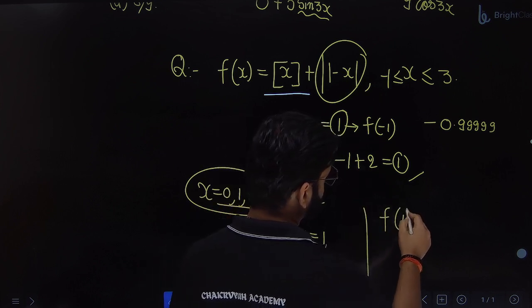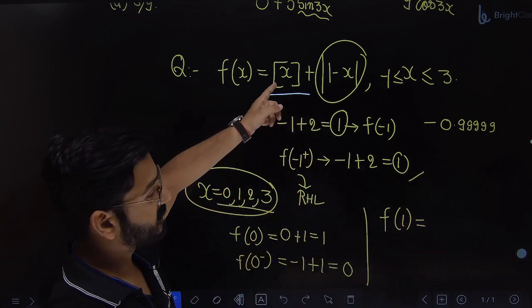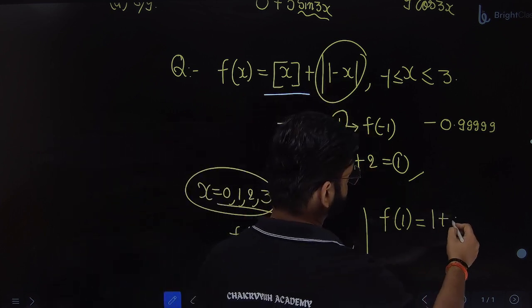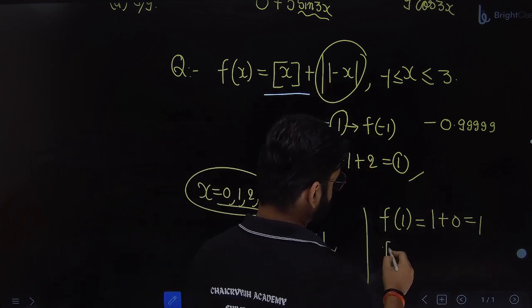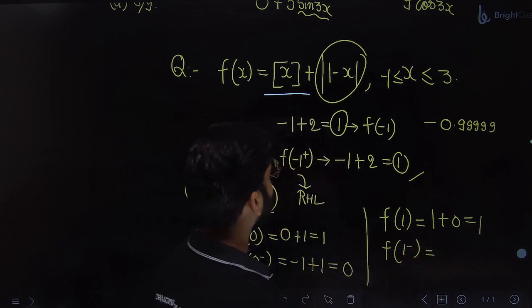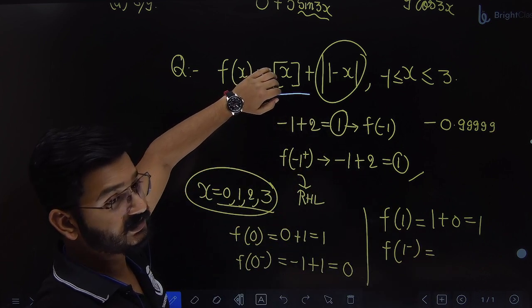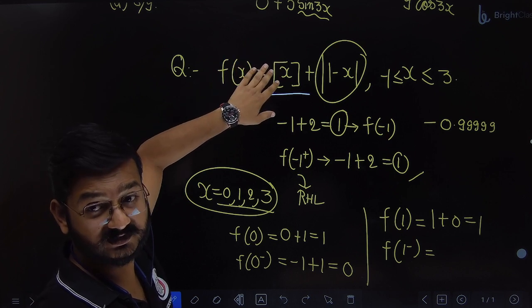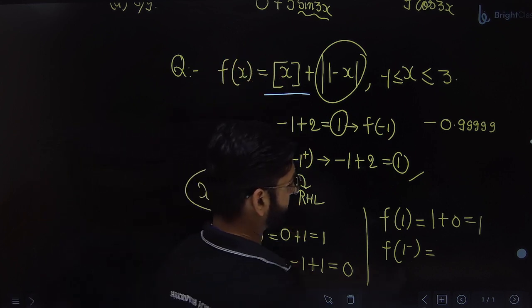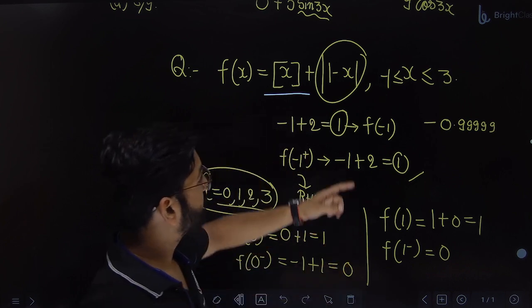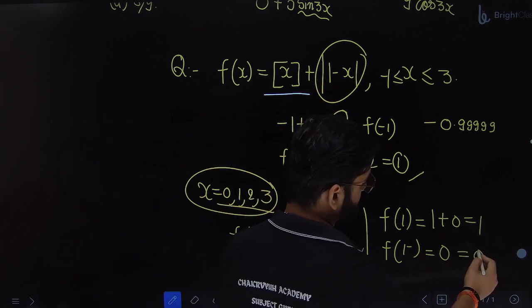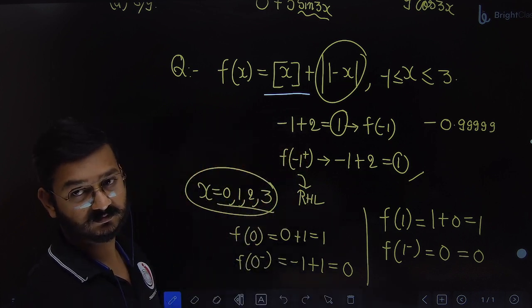Next, f of 1. Put 1 here. What is the greatest integer of 1? 1. 1 minus 1? 0. Take f of 1 minus. What is the greatest integer of 1 minus? Any number which is less than 1, what is the greatest integer? 0. Here, 1 minus 0 is 1. So it is discontinuous.